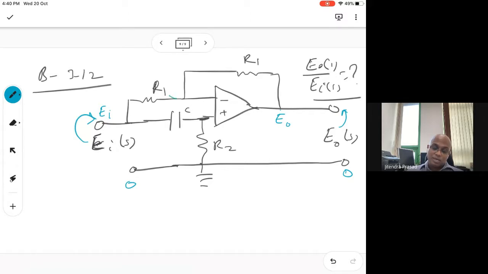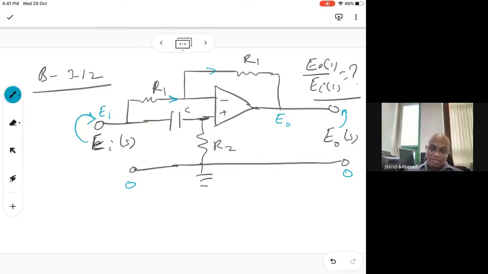Current will come from here and go this way. As I mentioned earlier, there is no current here. The op-amp will maintain two things. One, the voltage here and here will be the same, and no current goes inside, meaning the current will be very small. So current will come and go simply like this, and here also the current will go simply like this.